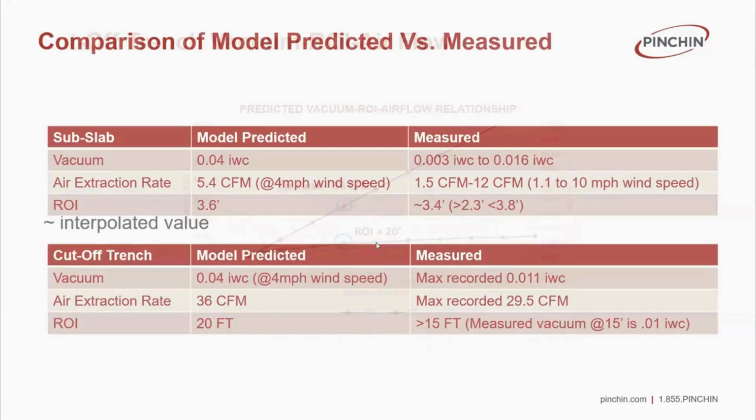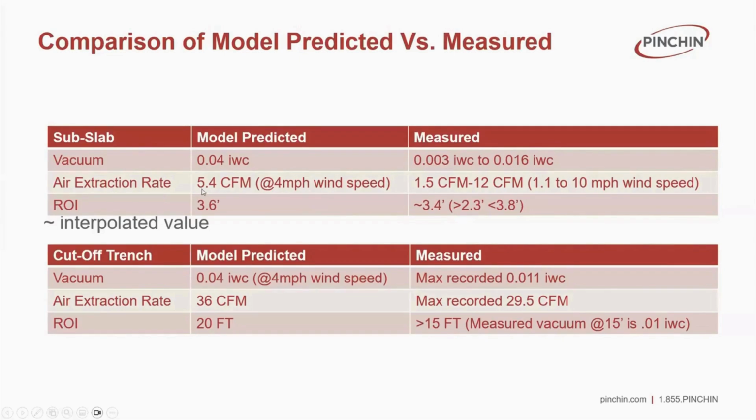Then we compared the model predictions to the actual measurements after installation. This is for the existing subslab. The model had predicted 0.04 inches of vacuum, and measurements varied anywhere from 0.003 to 0.016 inches of water column.